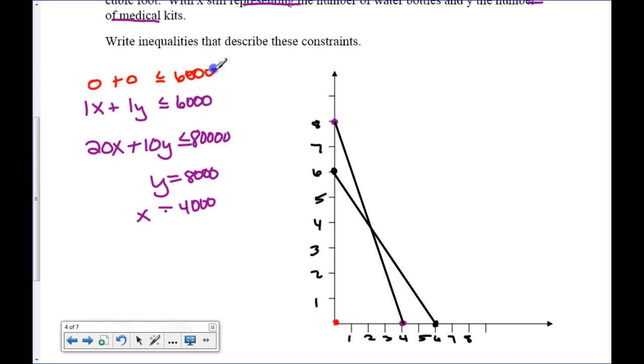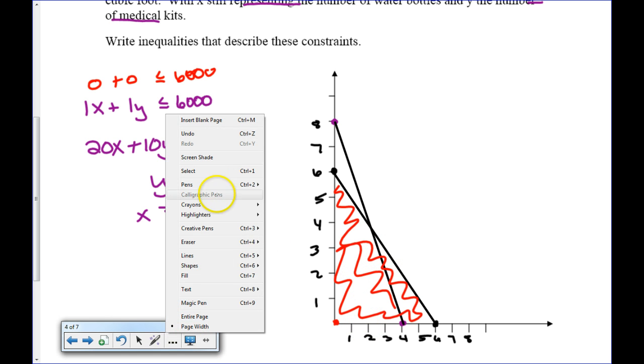Yes. So, for that triangle, I'm going to shade all of this. Because 0, 0 works. Okay? So, I'm going to do the same thing for the second line. I'm going to change my colors.